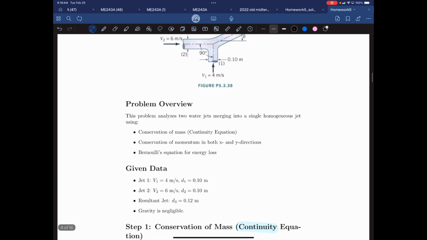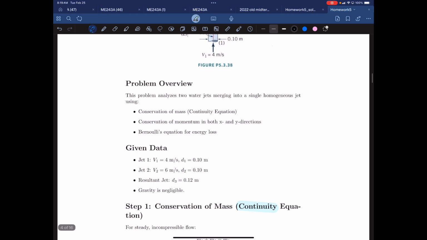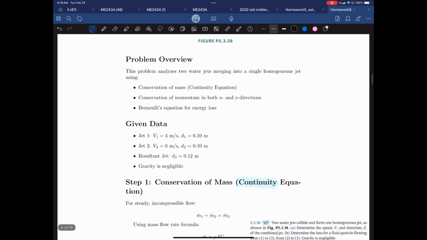So the main concepts over here: using conservation of mass, aka the continuity equation, conservation of momentum in both x and y directions, which is seen in problem 1 of the homework 7, and then Bernoulli's equation for energy loss, which can be rewritten lots of ways, so get used to practicing that.